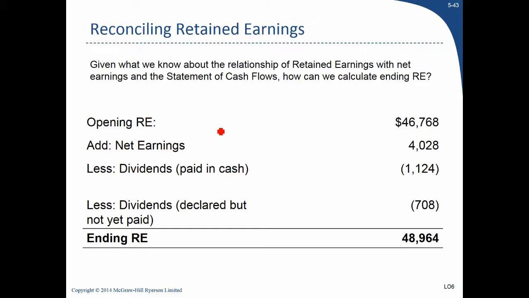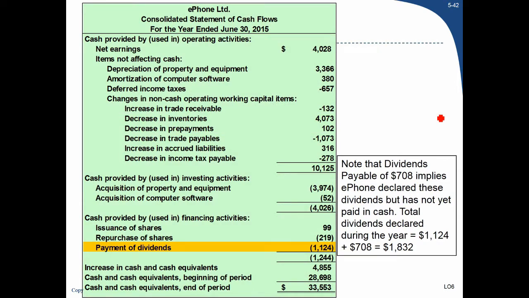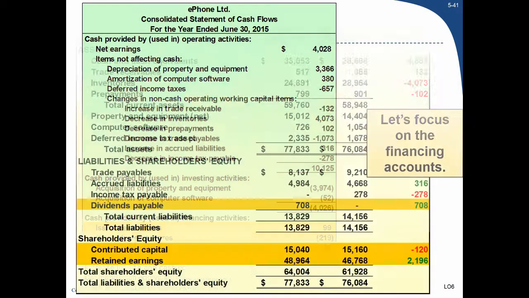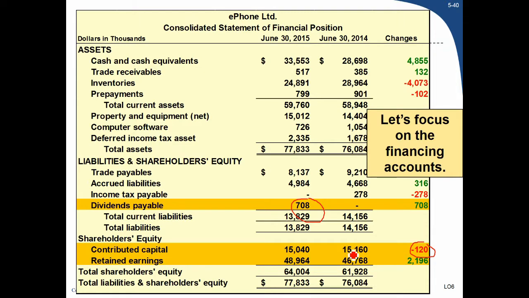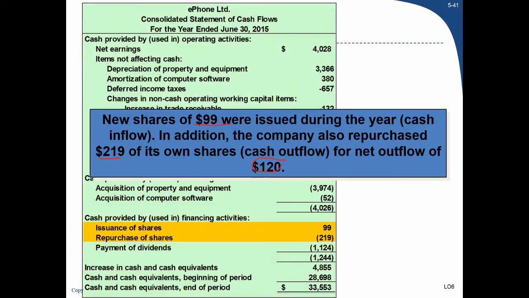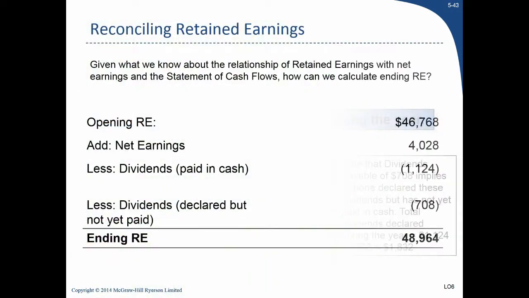Okay, so let's look at our retained earnings account. Our opening retained earnings was $46,768, and here's last year's balance, right? Our retained earnings was $46,768. And we know that we add net earnings of $40.28.